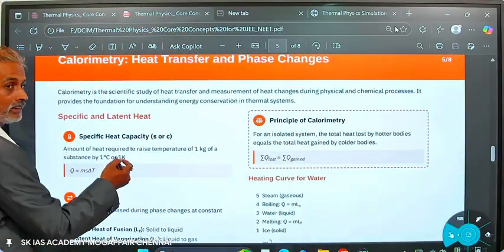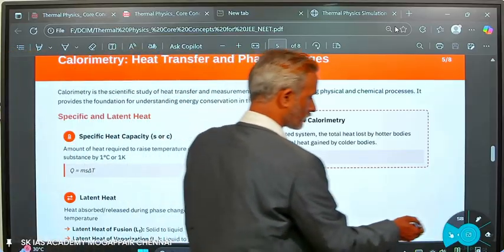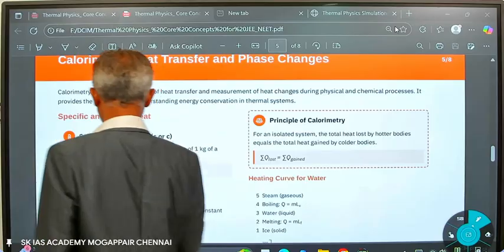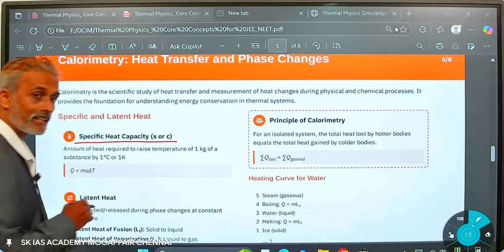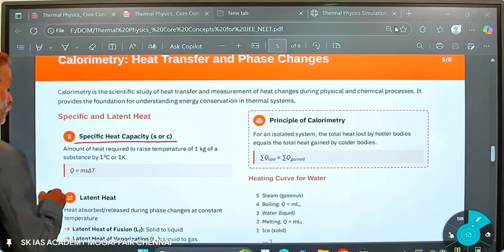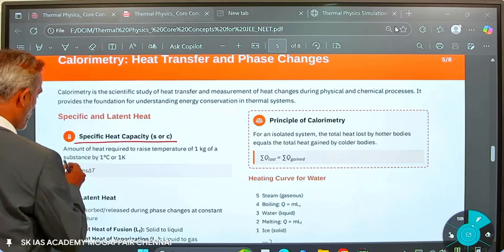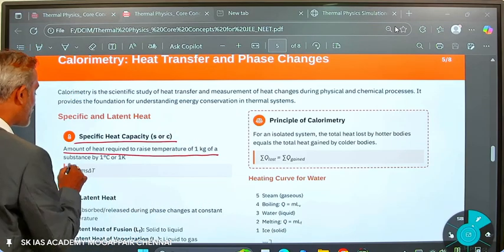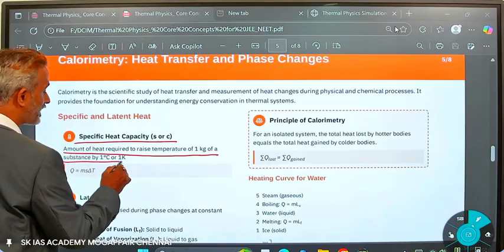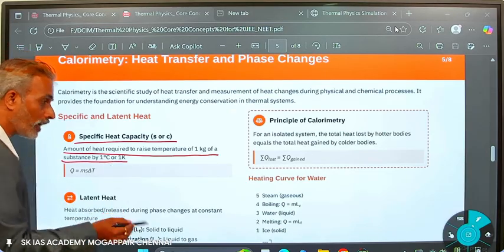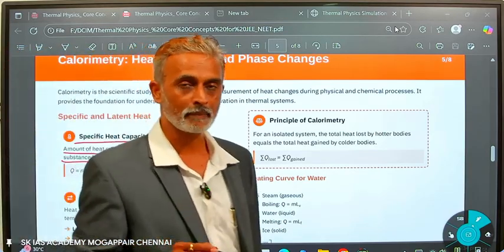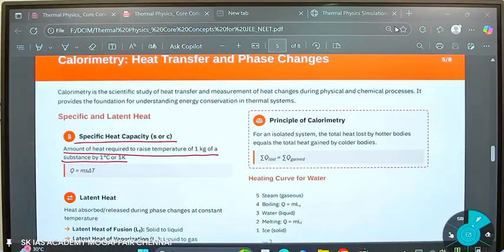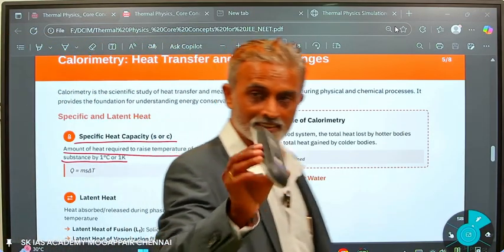In that, you will see the specific heat capacity, S or C. So what is the specific heat? The amount of heat required to raise the temperature of 1 kg of substance by 1 degree Celsius or 1 Kelvin. Suppose this is a substance of 1 kg.